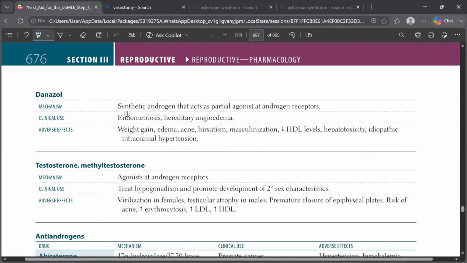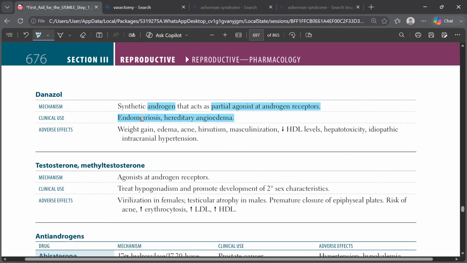So it is a synthetic androgen that acts as a partial agonist at androgen receptors, and its clinical use is in endometriosis and hereditary angioedema. It is an androgen, and this is used in endometriosis to decrease the amount of estrogen, obviously, and hereditary angioedema as well, which is a disease that is caused by a C1 inhibitor deficiency, a protein in the classical pathway.